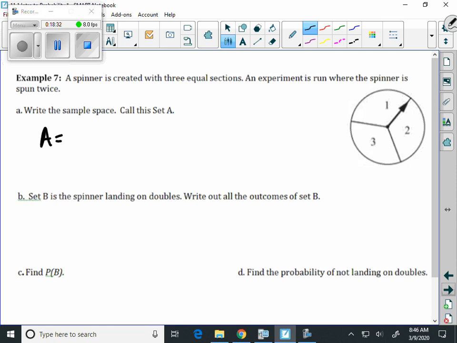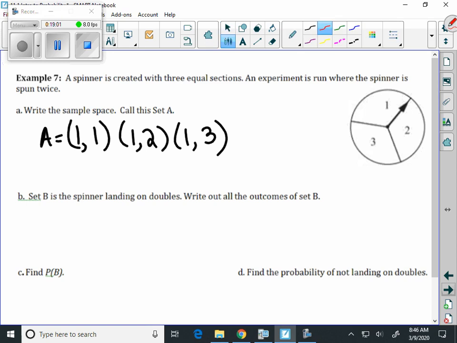So what happens is the first time we spin, we get 1. But then the second time we spin, we could get a 1 again. Oftentimes written as an ordered pair here. Well, we could still the first time get a 1, but then the second time we might get a 2. We could spin and get a 1, and our second spin could get a 3.